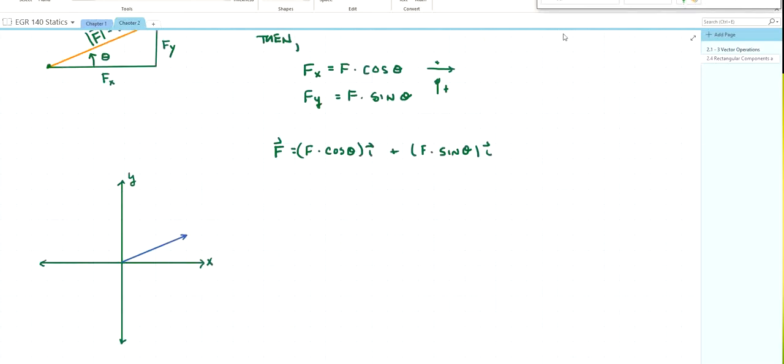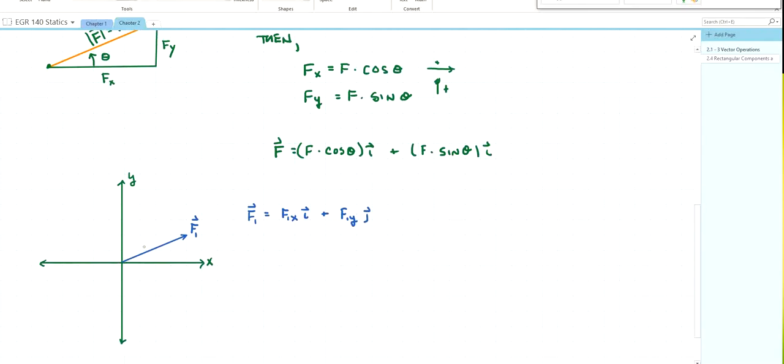Okay, now suppose I draw a rectangular coordinate system and I have a vector. Let's say this is my first vector. I'm going to draw a number of them, so I'm going to call this F1. F1 is made up of components F1x i plus F1y j.